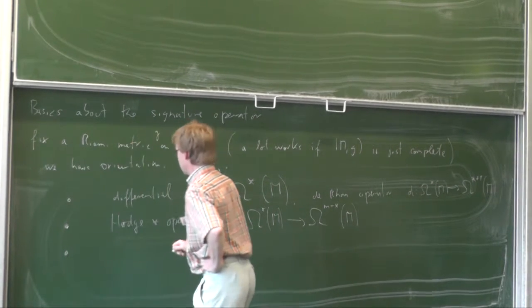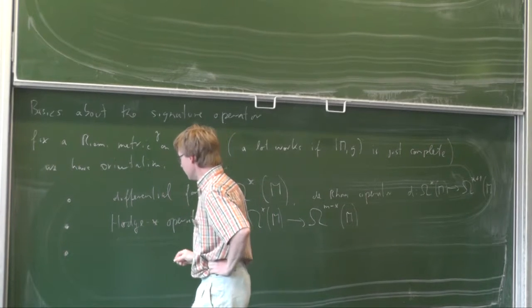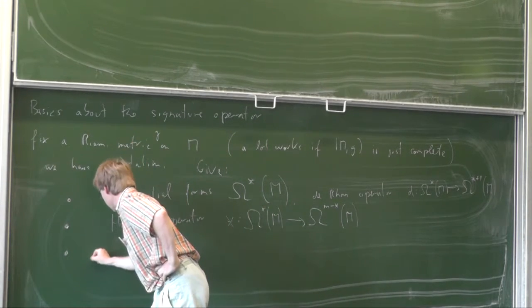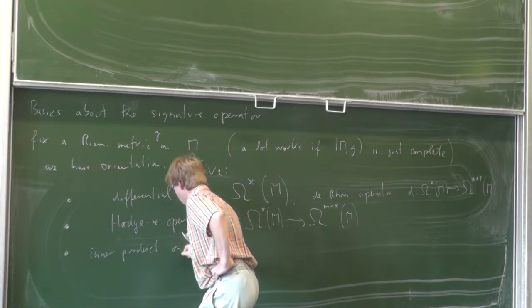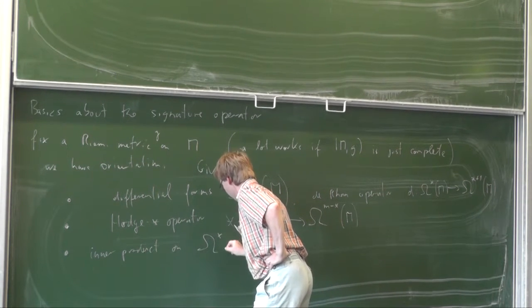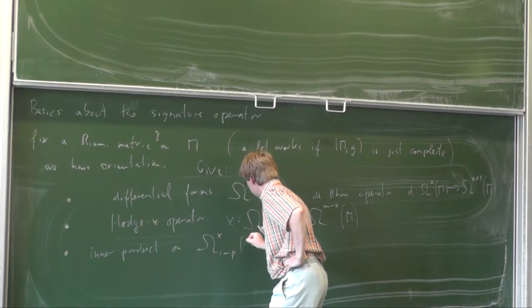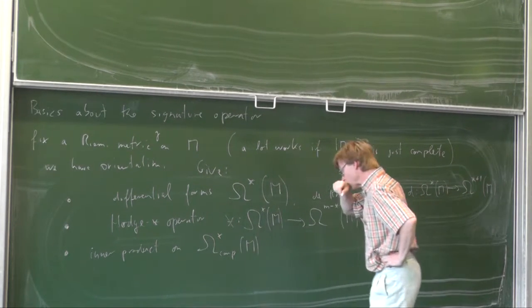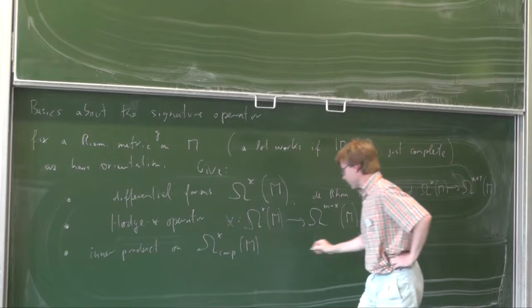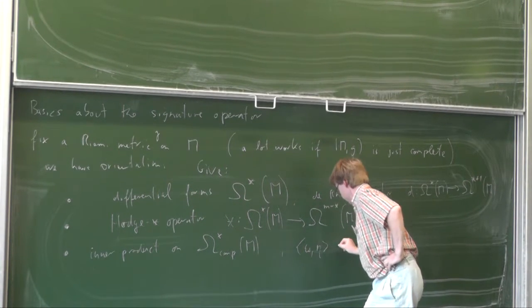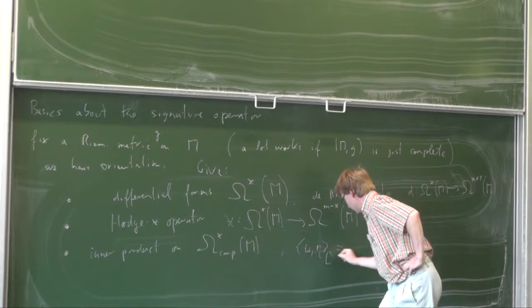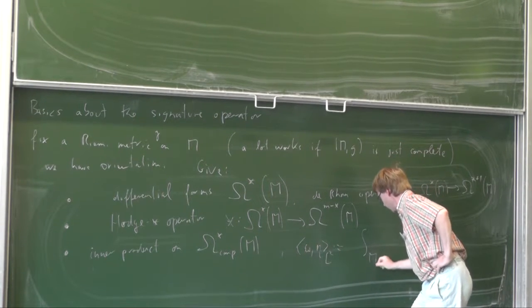Actually, that would not require orientation really. We also get an inner product on at least the forms with compact support, the L2 inner product, by integration over the manifold.